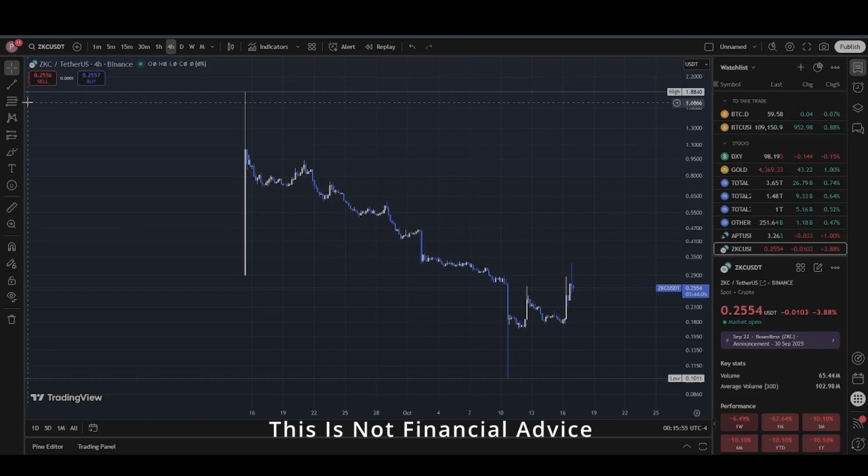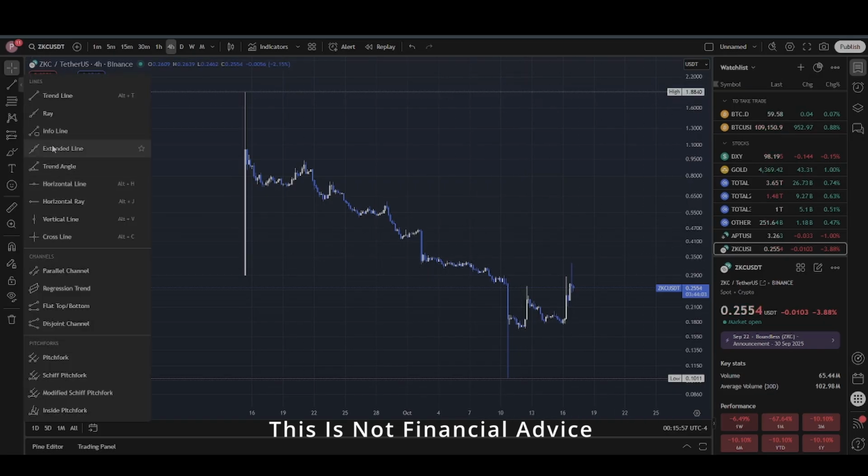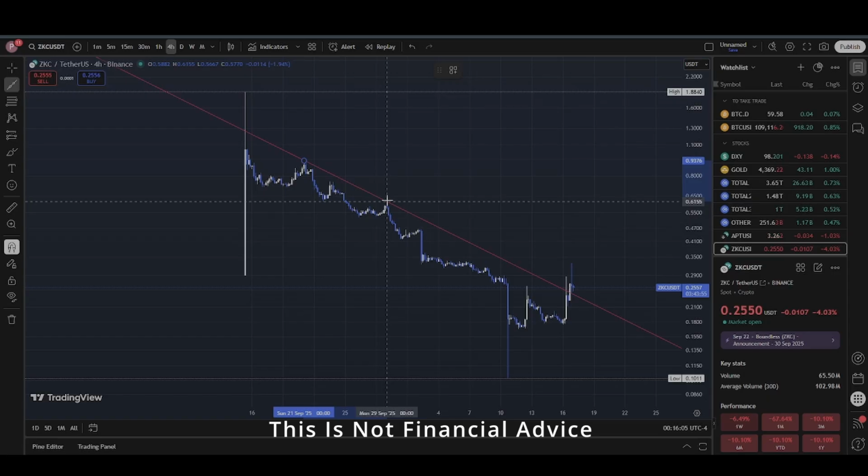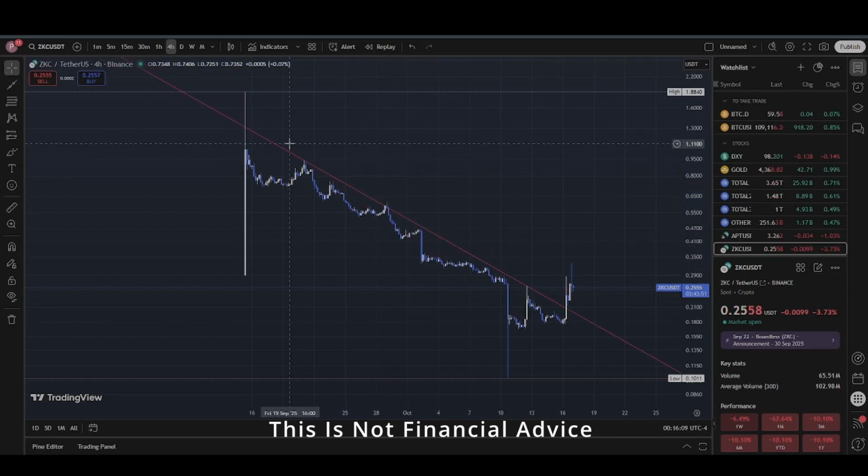Now if we look at the token itself, one of the reasons that I thought the token was going up is because of this trend. Basically the token has been in a downtrend ever since its launch, and it has been trying to break from it, as you can see, and it finally did.